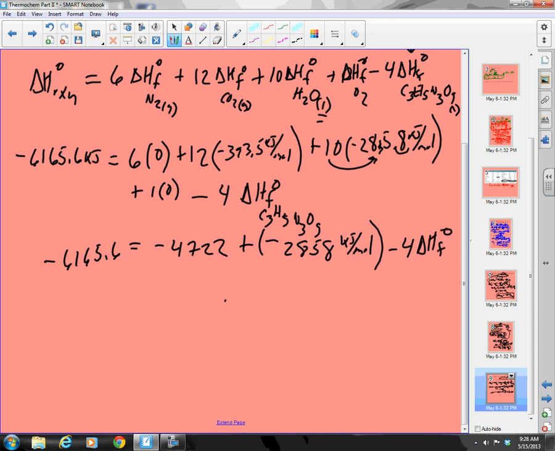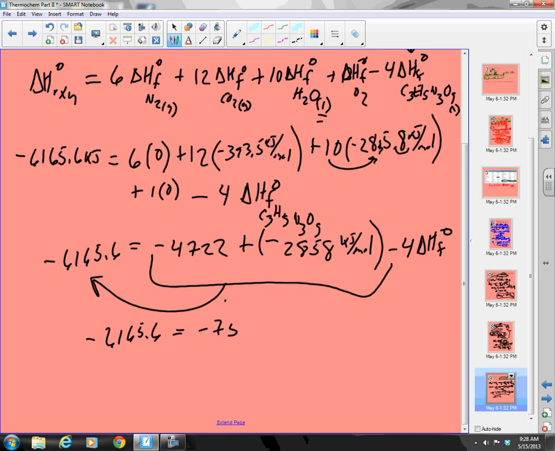So I'm going to have to sum these up and add it to this side, and let's see what we get. Negative 4722 plus a negative 2858. Okay. So I have a negative 6165.6 is equal to a negative 7580 minus 4 times delta H of formation.